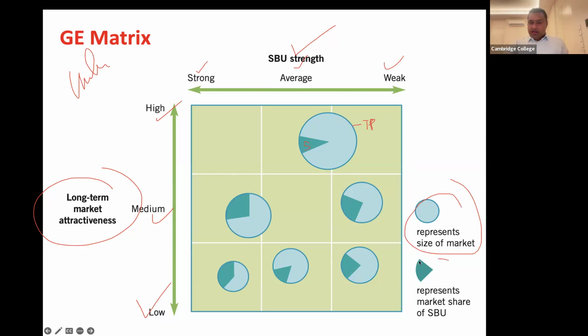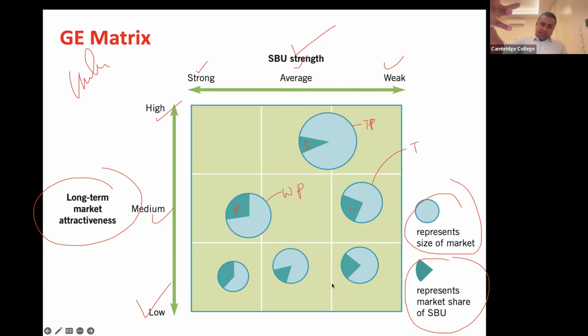The pie chart represents the brand or the SBU or the product's market share. So this can be the tea market, this can be Lipton's market share. This can be the washing powder market, this can be Rin's market share. So like that, all 80 brands, you plot it like this.